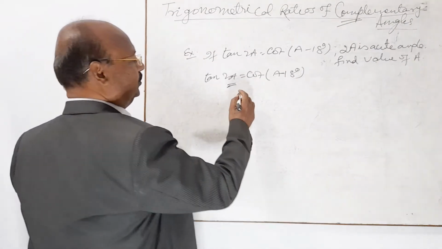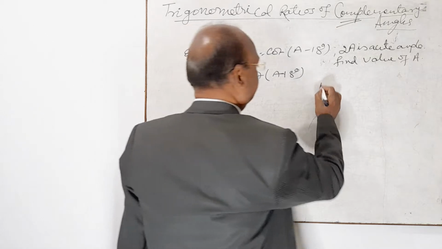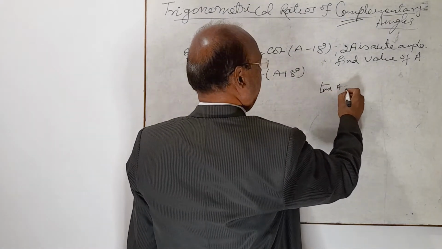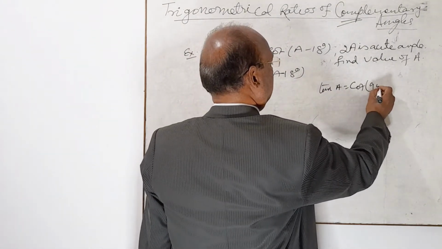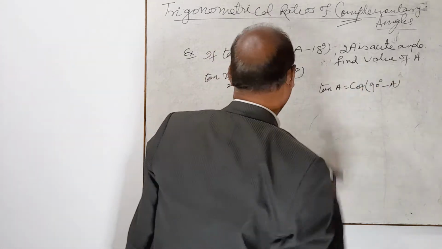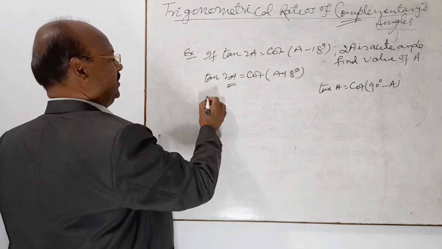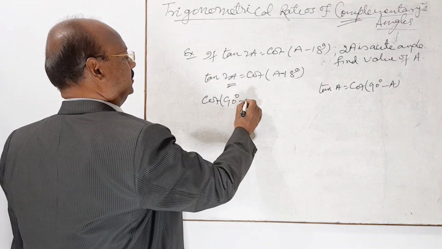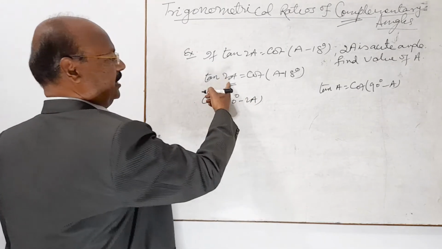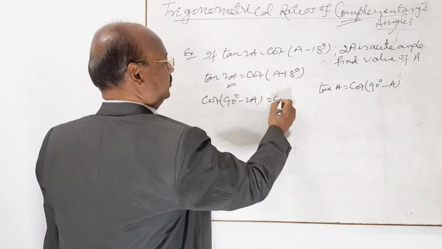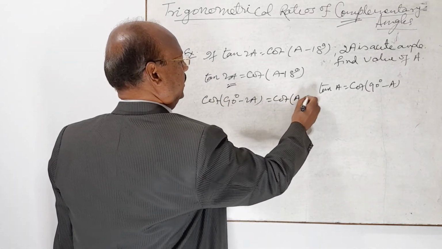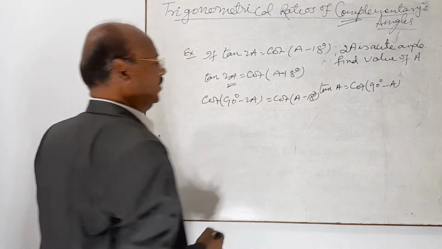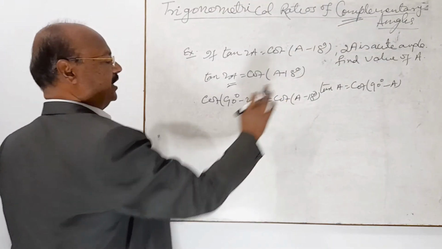So, you know the formula, tan a is equal to cot of 90 degree minus a. So this left hand side can be written as cot of 90 degree minus 2a, because angle 2a is here. This is equal to cot of a minus 18 degree. Here both the angles are acute angles.